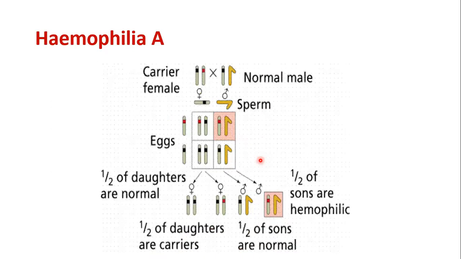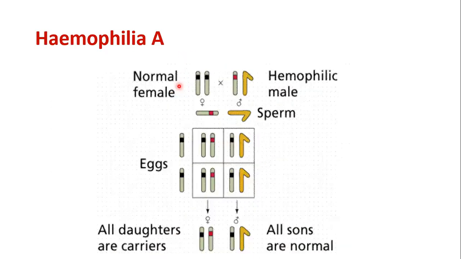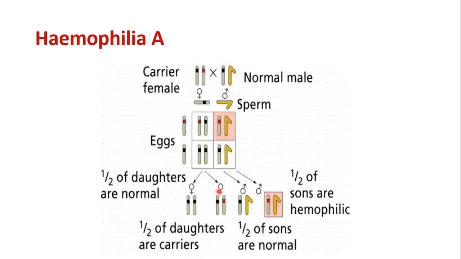But if the mother is a carrier, for example, these girls get married. If the mother is a carrier and the male is normal, that's the challenge, because it's a recessive disorder. Both alleles should be affected for the disease to express.